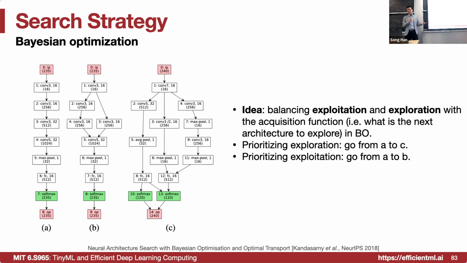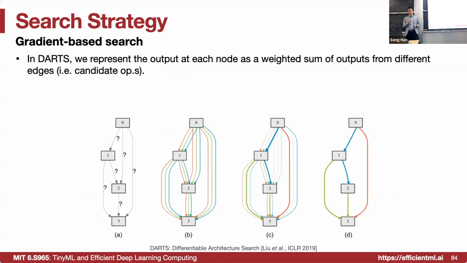It has an acquisition function to propose what is the next architecture to explore after the current one, depending on whether we want more exploration or more exploitation. That is also not quite widely used.